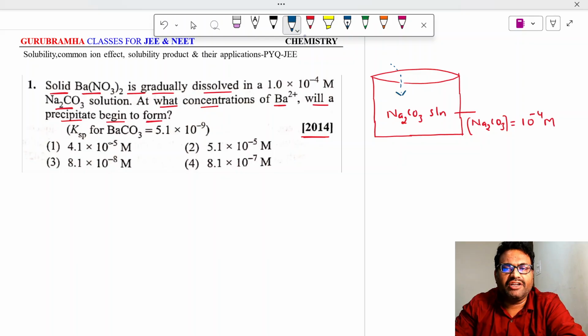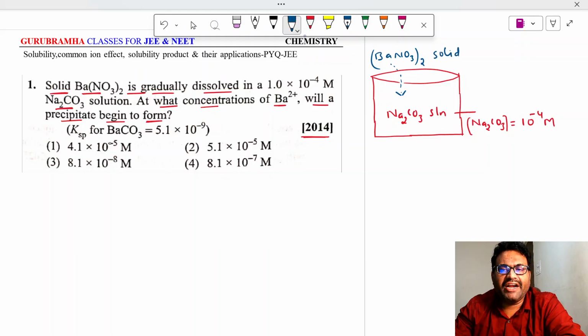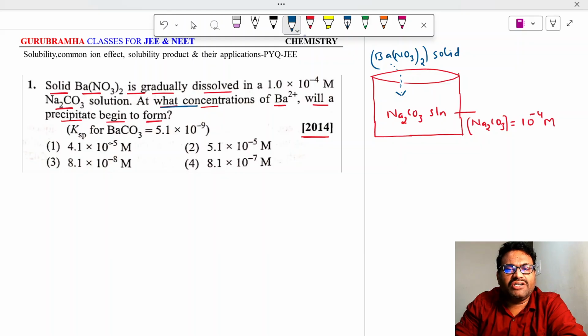Solid barium nitrate, Ba(NO3)2. The solid barium nitrate will dissolve in this Na2CO3 solution. He is asking at what concentration of Ba plus 2 will a precipitate begin to form?